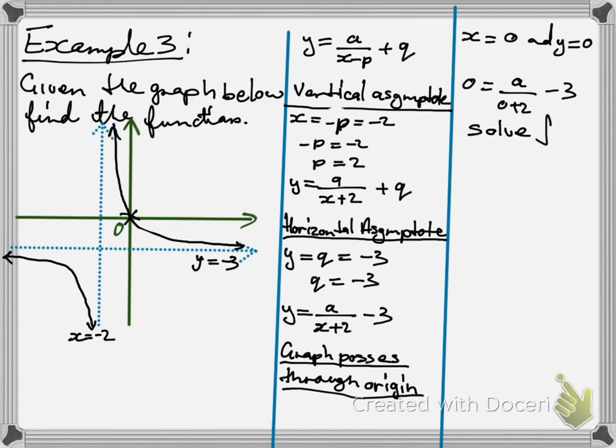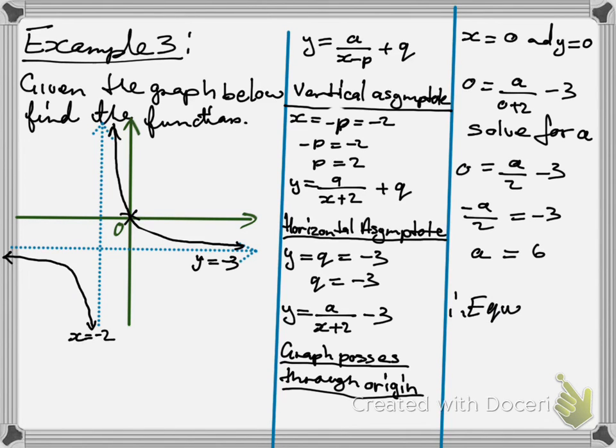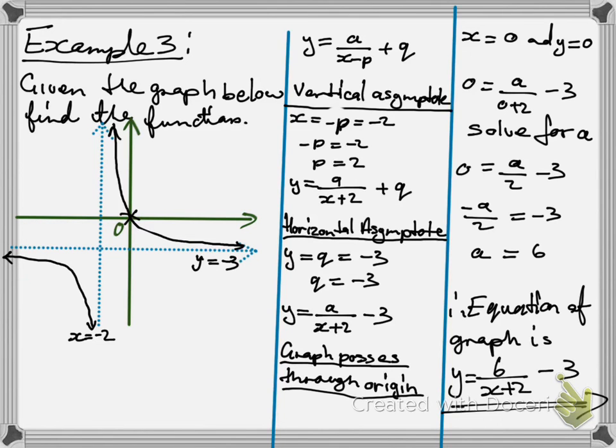We isolate it first. Our a will be equal to 6. So now, therefore, the equation of the graph is y equals 6 over x plus 2, minus 3.